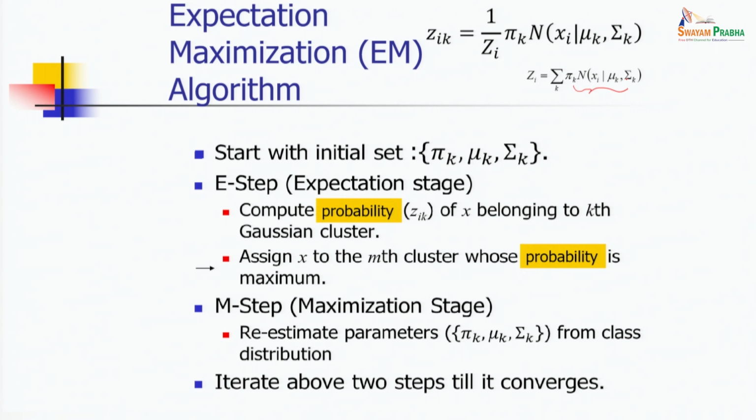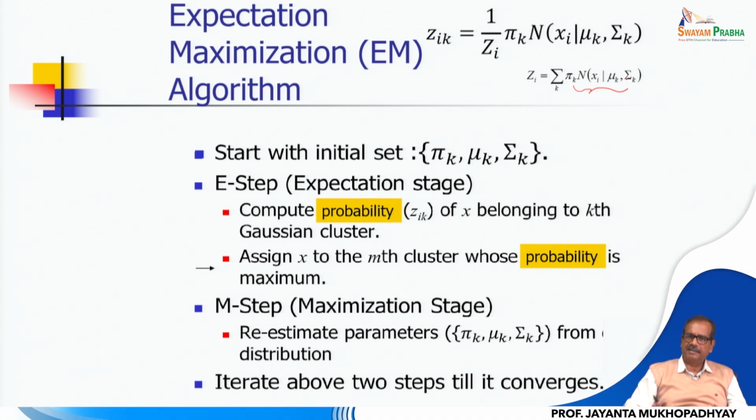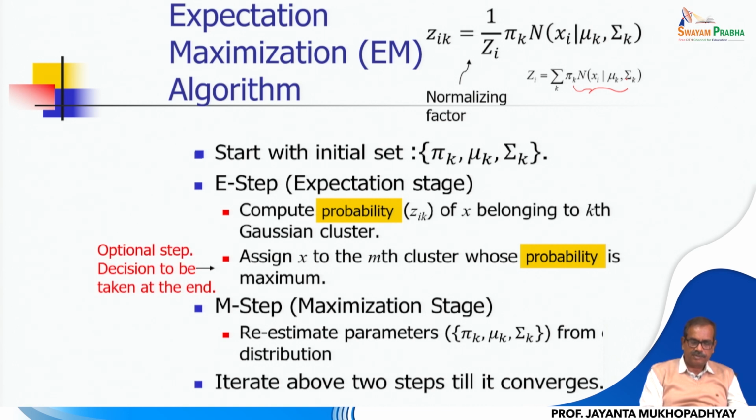Then this is the computed probability, and you can consider a class assignment there, like the earlier case, but this part is optional. You don't take this decision. With this soft class assignment, consider every probability value as a weight of that class assignment to the pixel.